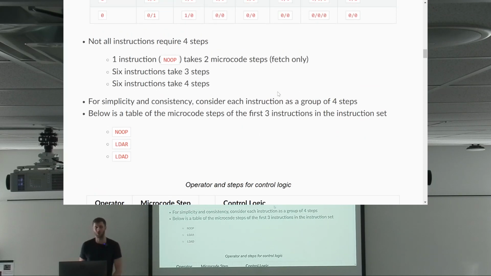Of the 13 instructions we have, one instruction, the no-op, requires 2 steps, fetch only. We gotta fetch it. Whether we like it or not, we have to fetch an instruction before we even know it's a no-op. 6 of the instructions take 3 steps, and another 6 instructions take 4 steps in total.